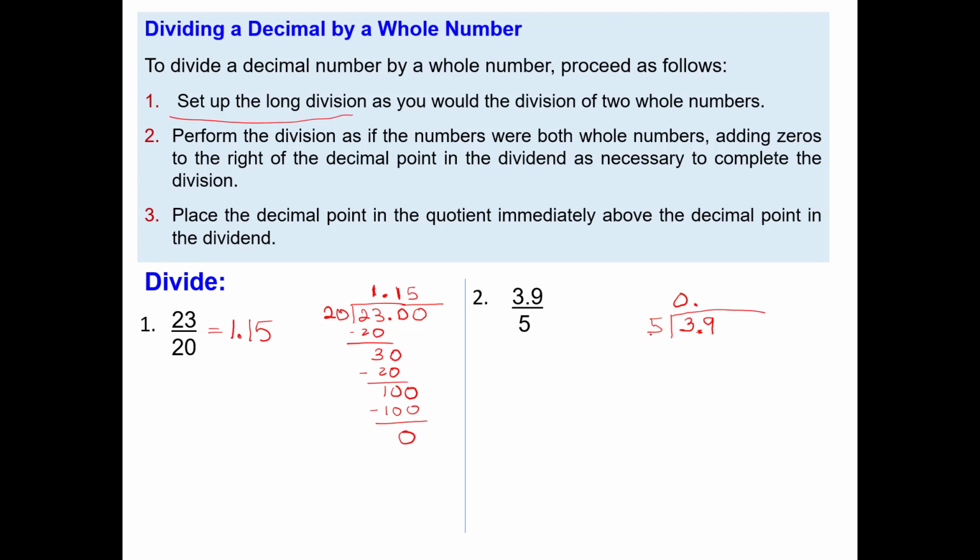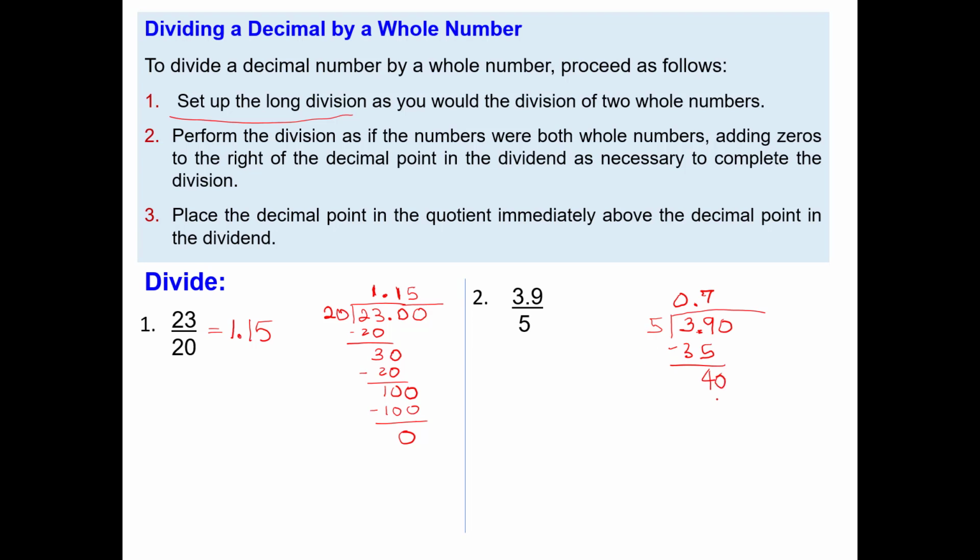How many 5s are in 39? Remember, we divide as if they were whole numbers. 7 times 5 is 35. 39 minus 35 is 4. And we add a 0 here. Bring the 0 down.